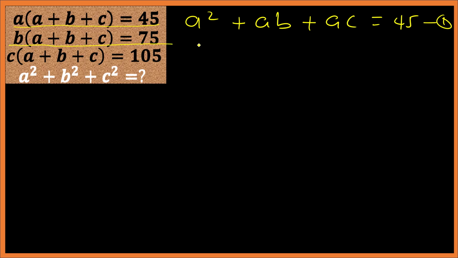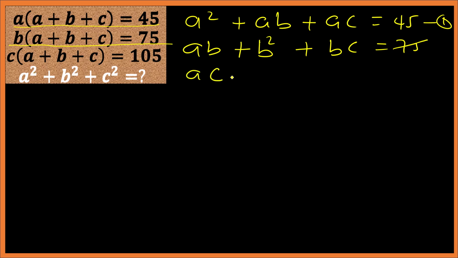So we have ab plus b squared plus bc equals 75. So the last equation will be ac plus bc plus c squared equals 105.